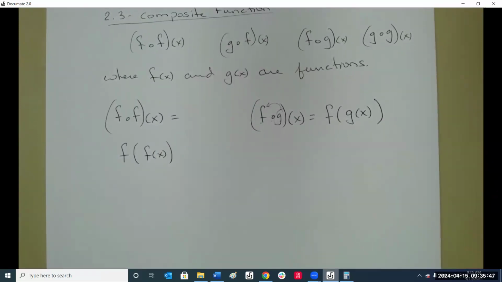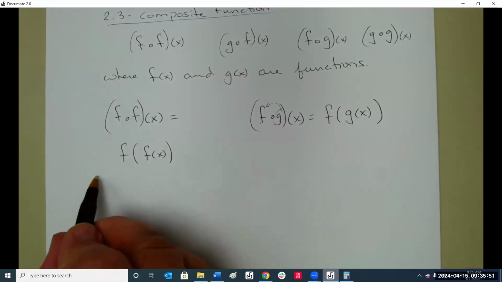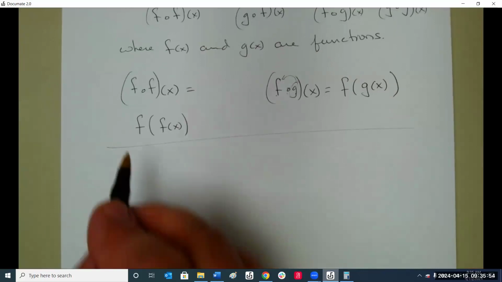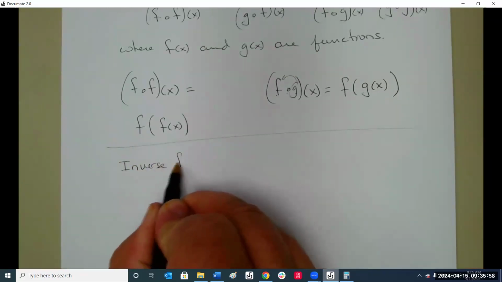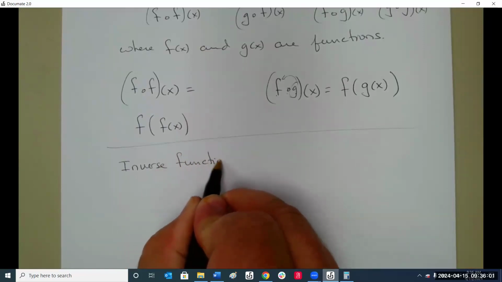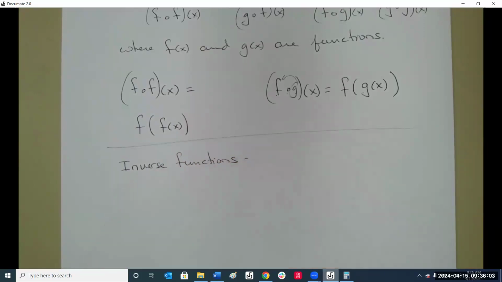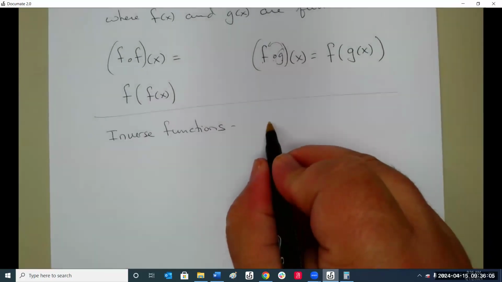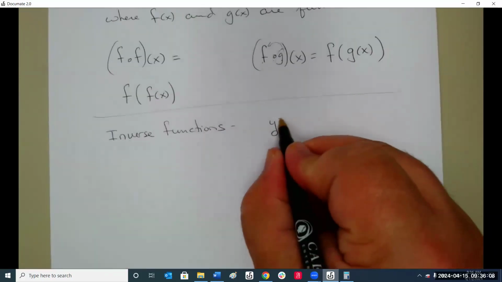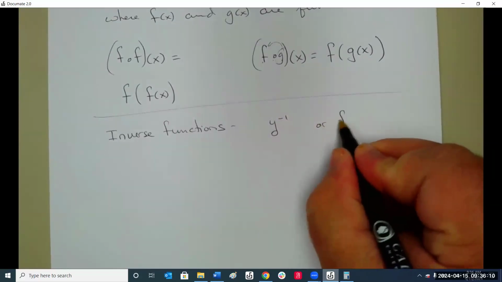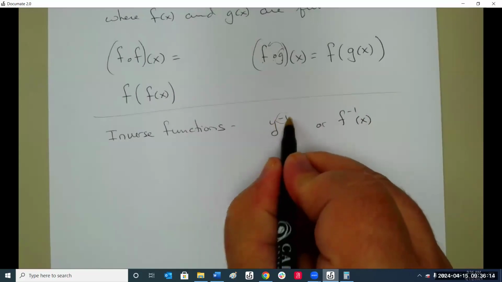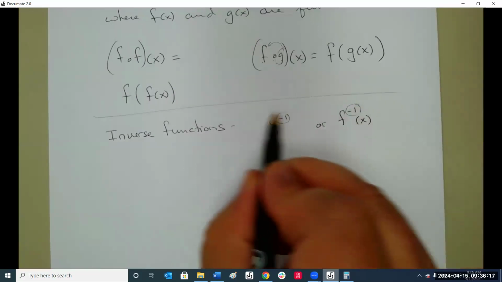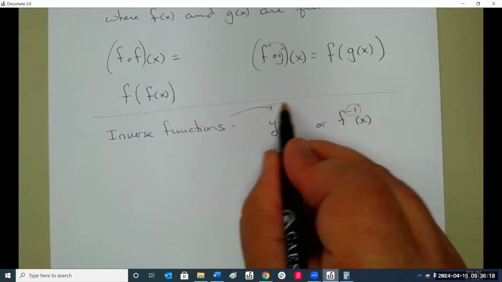Now, I'm not going to review all that because that's what you guys should have done over the weekend. But the reason we need this is because now we're going to look at what are called inverse functions. This little -1 exponent tells us that it's an inverse function.